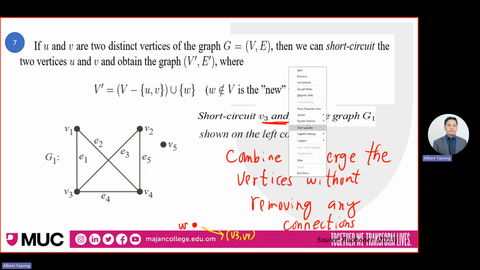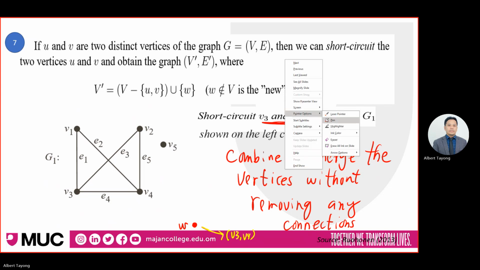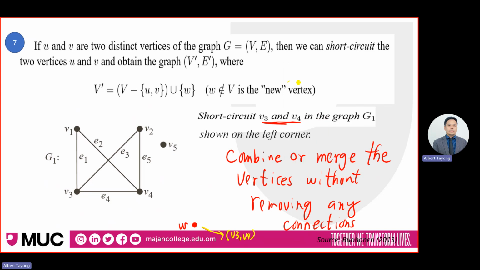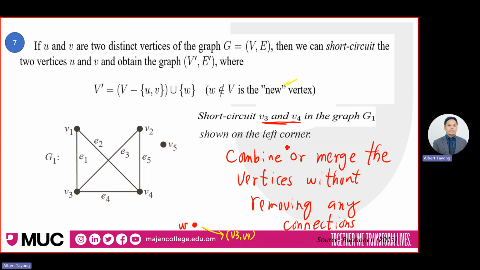Let's change the color. This is our V1, this is our V2, and here is our V5.